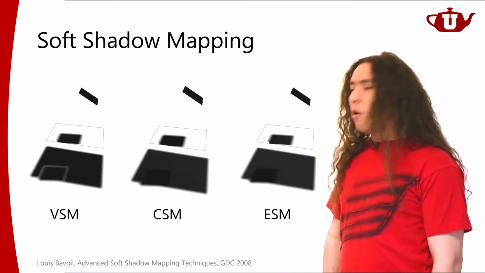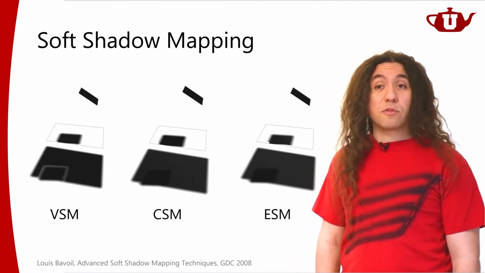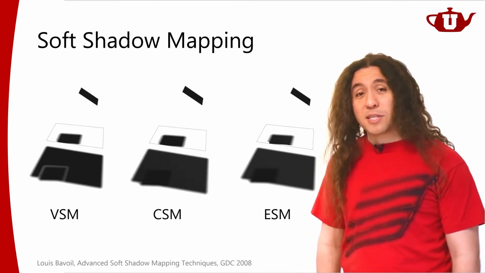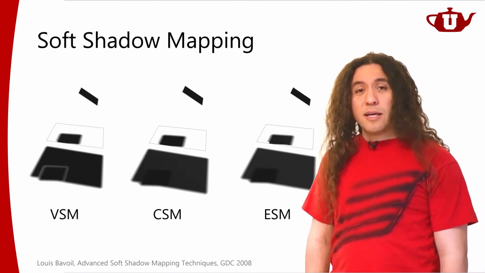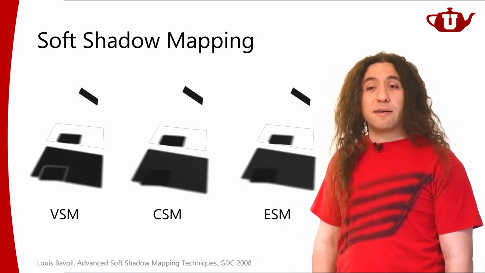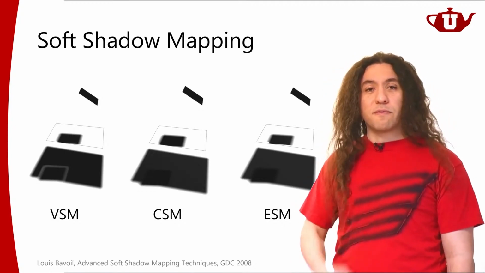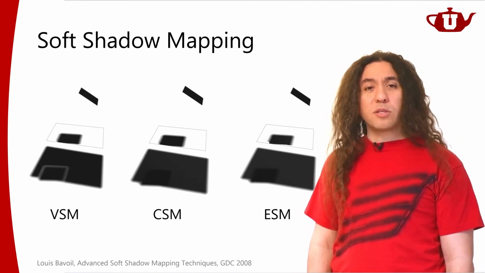So there are all sorts of different techniques for computing, or approximating, I should say, soft shadows used in interactive computer graphics. But this percentage closure filtering, I'd say, is the fundamental one that I want you to know in a bit more detail.